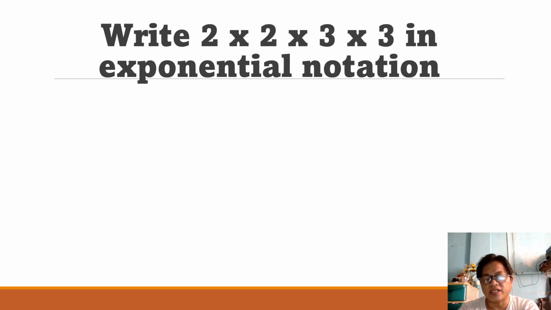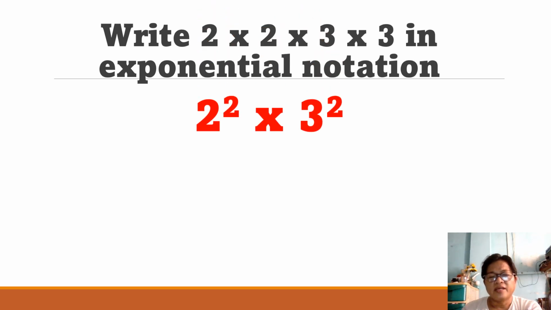Then, the next one, the factor is 3. And then, how many times it has been multiplied? 2 times. Okay, so it is written as 3 squared. Then, put a multiplication sign between them. Then you have 2 squared times 3 squared.